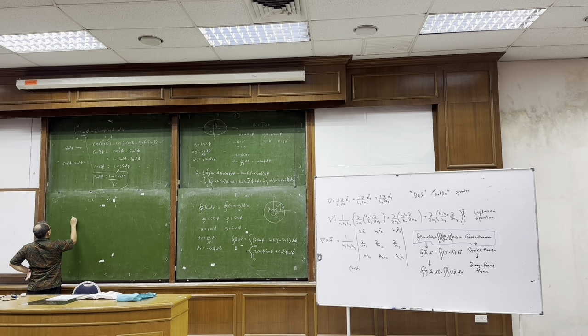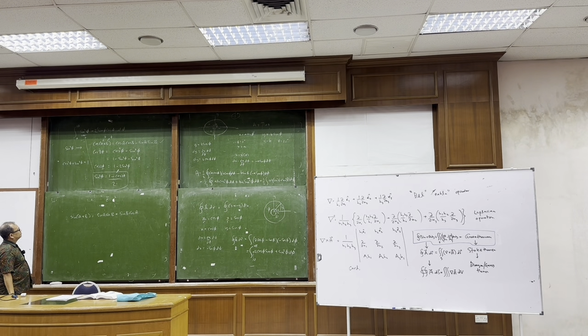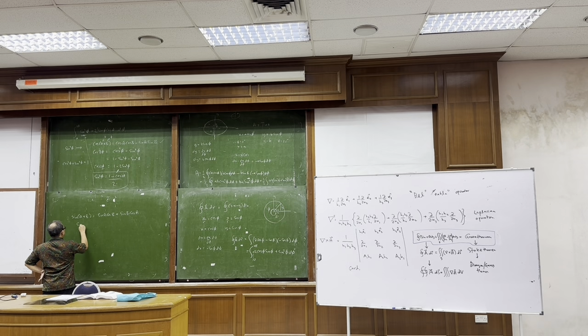You remember sin A plus B is sin A cos B plus sin B cos A. So if sin 2 phi, that means phi here, so sin phi cos phi plus sin phi cos phi. Very easy.